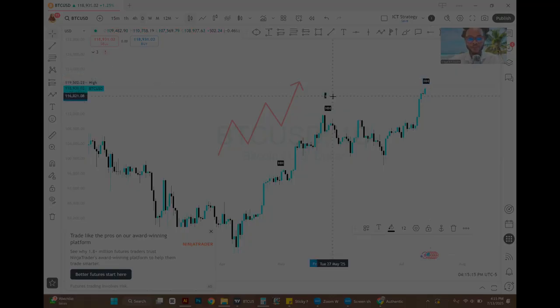We'll also be looking for lower highs for our entry. So this will be a lower high. This will be a lower high. That'll be about it. We would like to make an entry where there is a protected low.